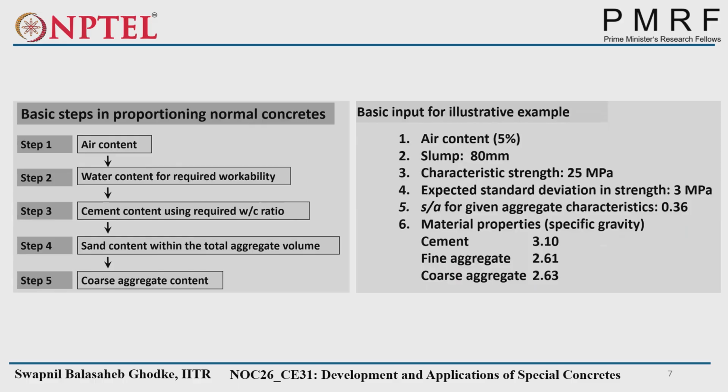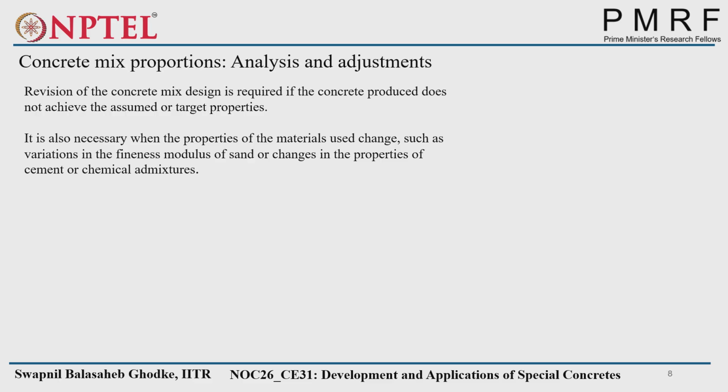Sand to aggregate ratio: how will we calculate the sand content from that? We'll get the sand from there, and then from the remaining of 1,000 liter we'll get the coarse aggregate, right? So these specific gravity values we use only for conversion of kg to liter or liter to kg.